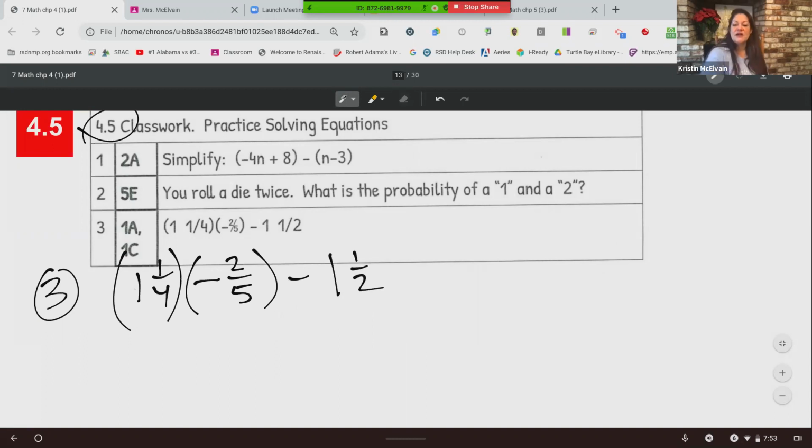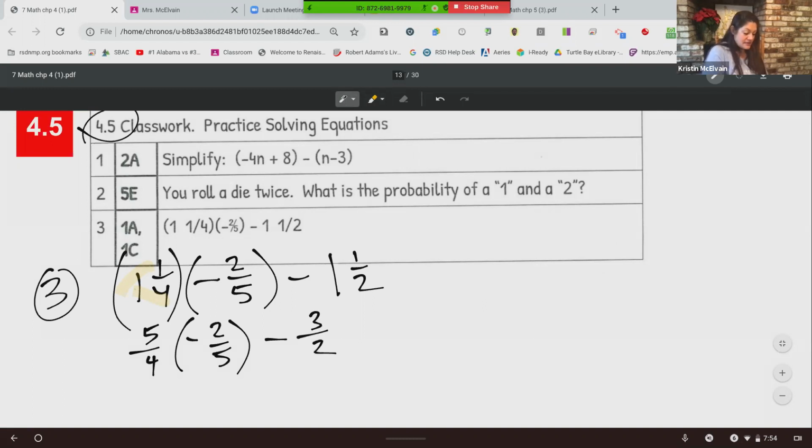First thing I'm going to do, I'm going to take these from mixed numbers and make them improper fractions. So I'm going to go 4 times 1 is 4, plus 1 is 5. So this is 5/4 times negative 2/5 minus 2 times 1 is 2, plus 1 is 3, 3/2.